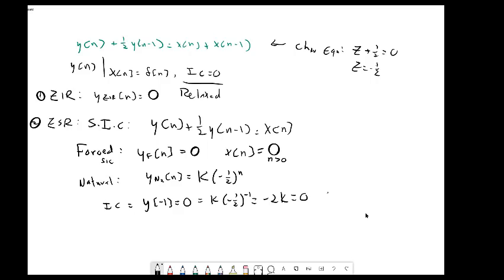The only way that's true is if k equals 0, and then our 0 state response for the single input case, then we need to start solving this to find the general case unit sample response. So that's the unit sample response for the single input case equals, well, no forced response and no natural response.